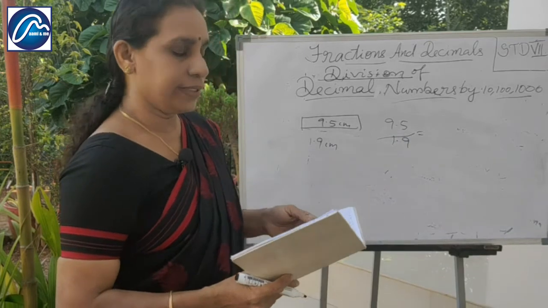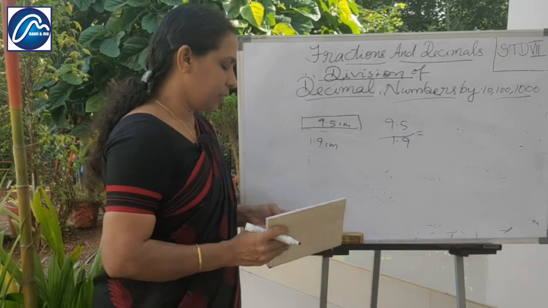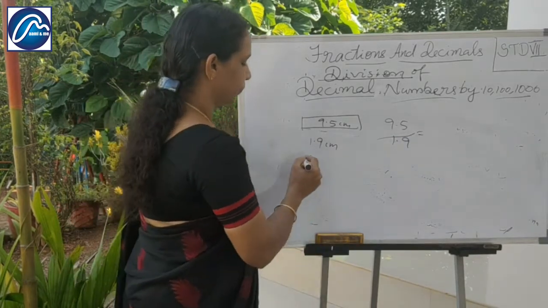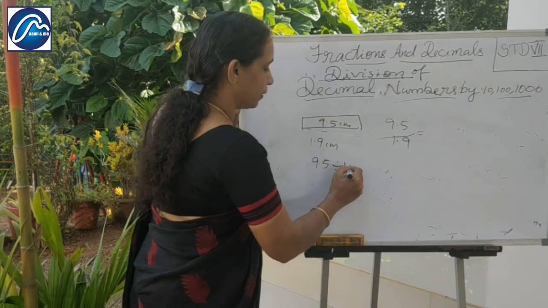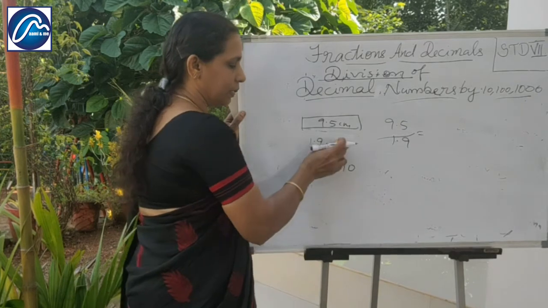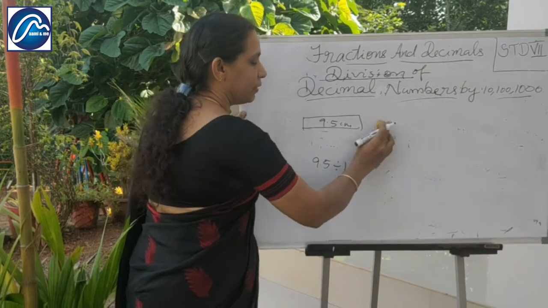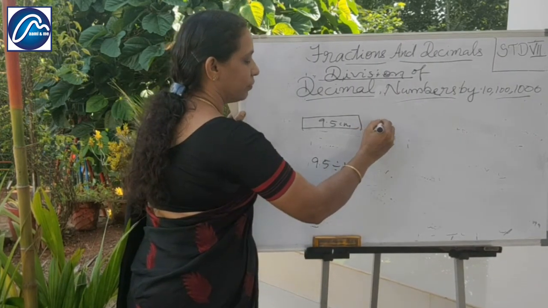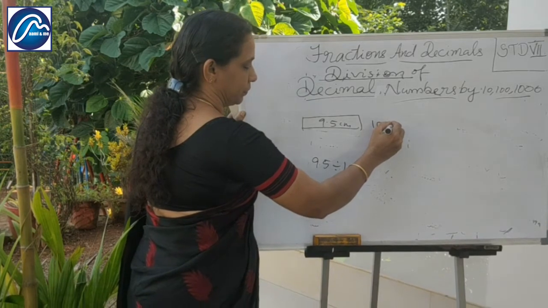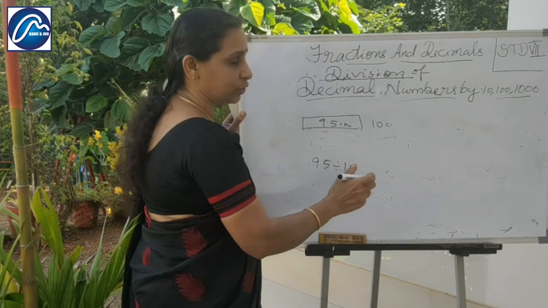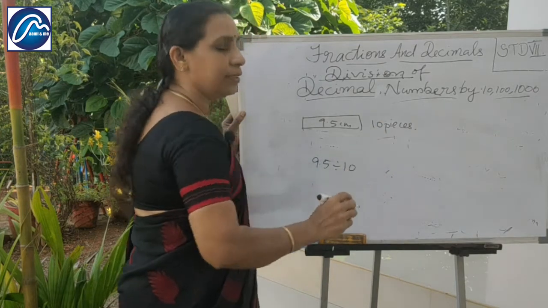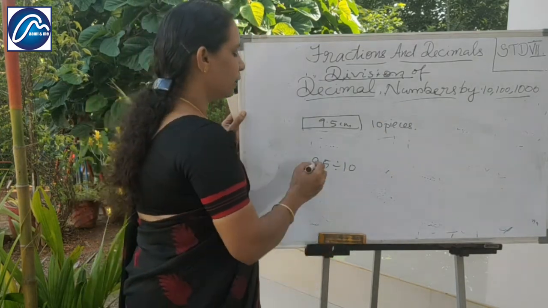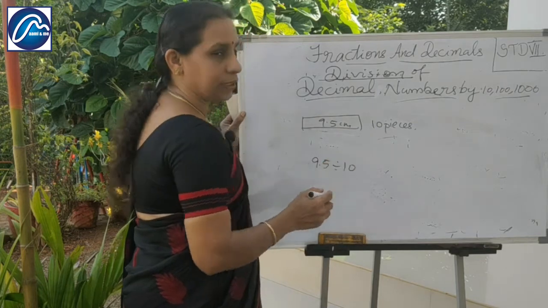So let us find the answer for division by 10. For example, 9.5 divided by 10. Here you are taking 10 pieces. Sorry, you need 10 pieces, not centimeters, 10 pieces. Then 9.5 divided by 10.